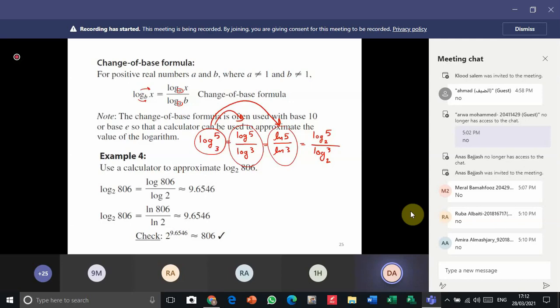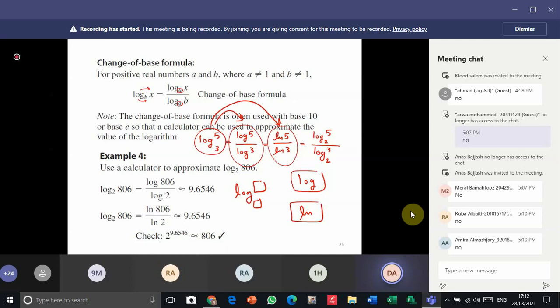Also, the old calculator has logarithm and ln, but a new calculator has log with an argument and you put in the base. This is a new calculator, but the old calculator uses log with base 10, this is the common logarithm, or ln, this is logarithm with base e only.